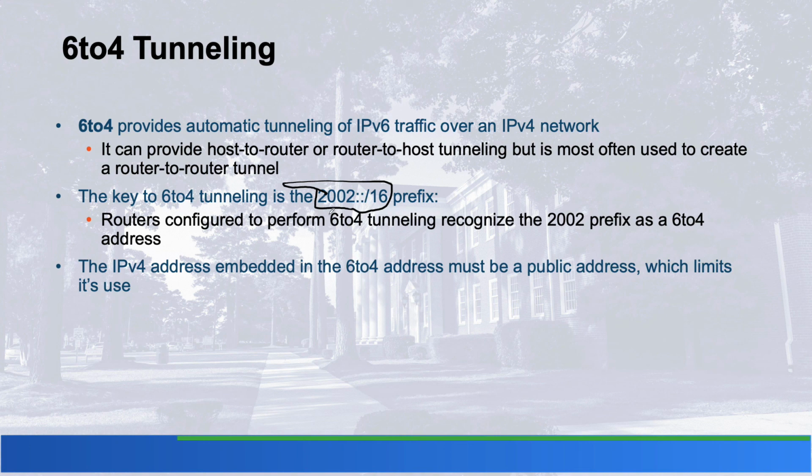Yep. You have to have a public address in the second part of the version 6 address. So you put your version 4 address and you tag it on behind 2002. Okay. Remember, you can't use private addresses in 6-to-4, which really limits its use.